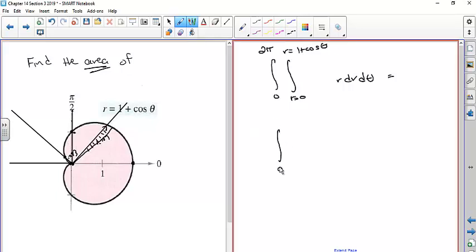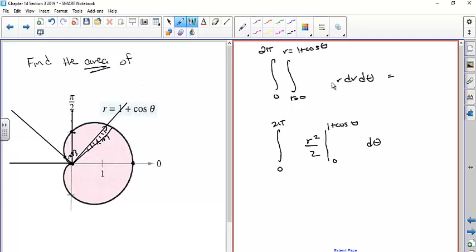So what we do first is we integrate the first thing with respect to r, but we've got r dr, so when you integrate that you'll get r squared over 2. We evaluate that between 0 and 1 plus the cosine of theta, and then we have our d theta.